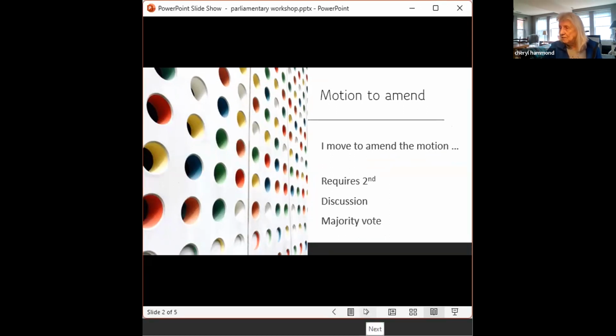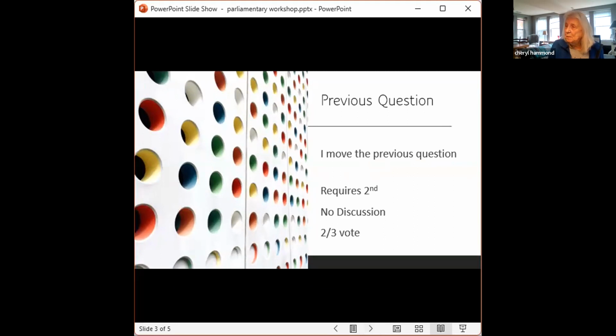Moving to the third of the 5, this is the previous question motion. Now, a lot of you probably are not familiar with this motion. This is basically a motion to stop debate. To make this motion, you say, I move the previous question. It does require a second.